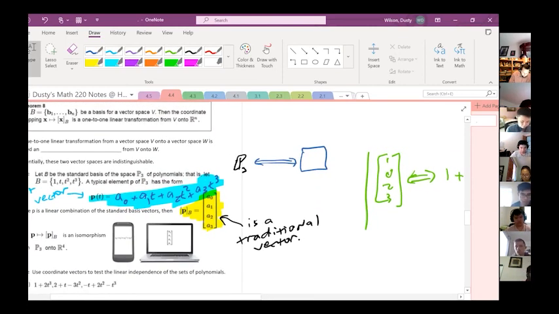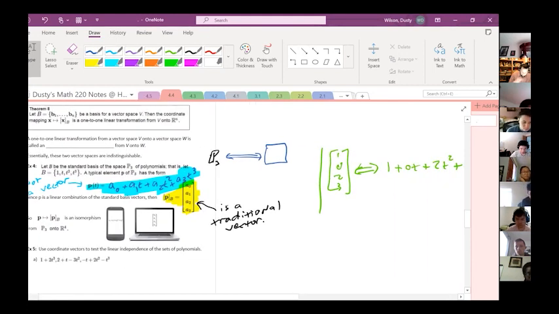So notice that what we're doing is we're saying that you can go back and forth between P3, the world of polynomials with degree 3, and which other space? What other space can we go back and forth between?